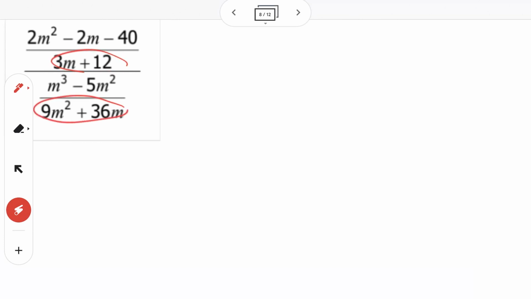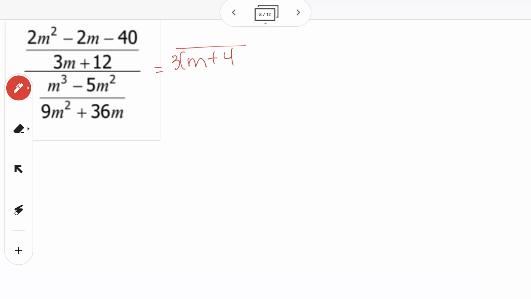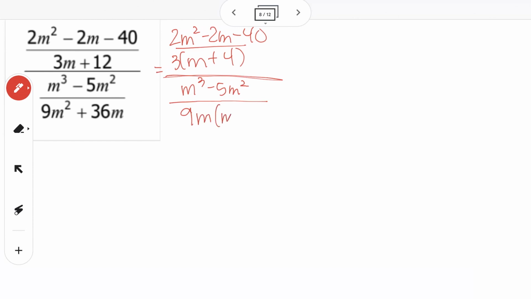So here again, I focus on the denominators, and I'm going to factor each of these. So this becomes 3 times m plus 4. And then the numerator stays the same. The denominator is 9m times m plus 4.